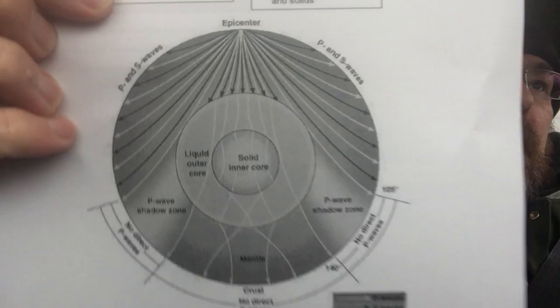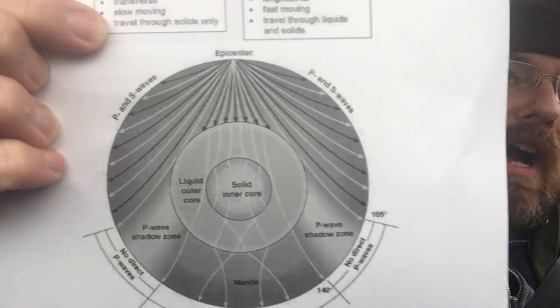Well, how do we know the inner core is solid if shear waves can't even make it through the outer liquid core to get into it? Well, like I said, the P waves will, and they'll get deflected slightly as they propagate through. You saw the bends on there. As the waves hit a discontinuity, as we call it in geology, they change direction slightly.